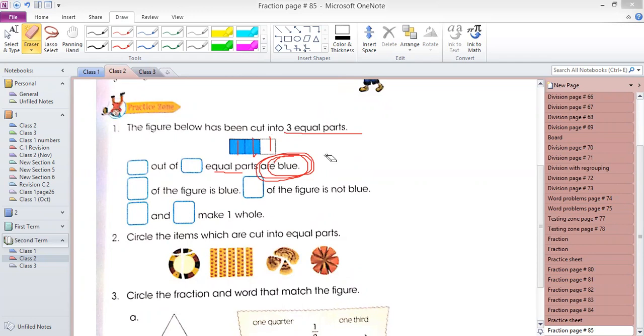Yes, Ahmed. What should I write here? Dash out of dash equal parts are blue. How many parts are blue? 2. Out of how many parts? Total parts are?